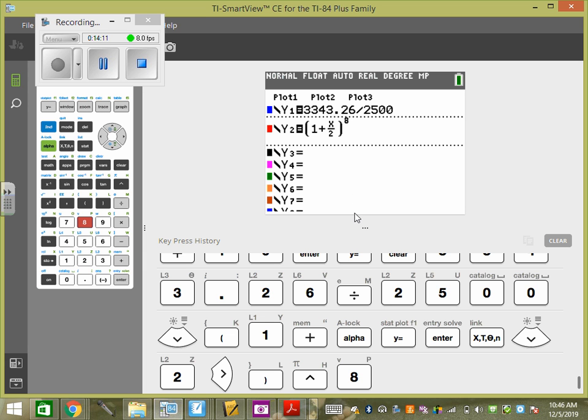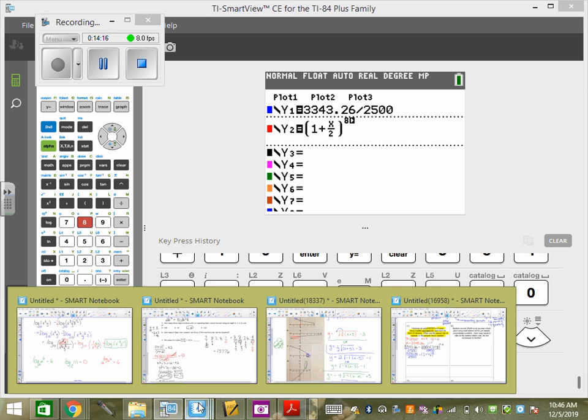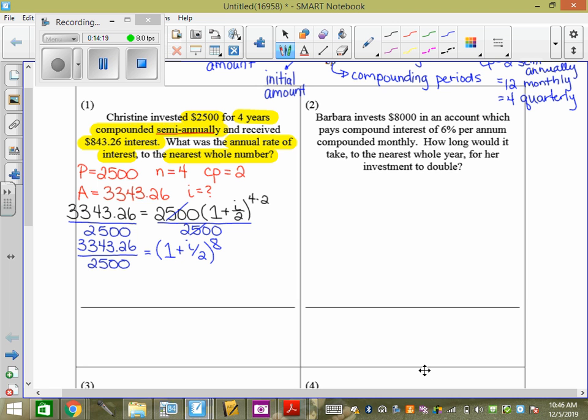Alpha y equals enter. So if you don't have the new calculator, you're going to type this y2 in as bracket 1 plus x divided by 2 bracket to the power of 8. So I have to make sure I put the whole thing in brackets so the whole thing is to the power of 8, correct? So if the old calculators, you're going to have to type it in like that. Everyone good? Now go zoom 6 because I don't know what the heck window you're at right now.